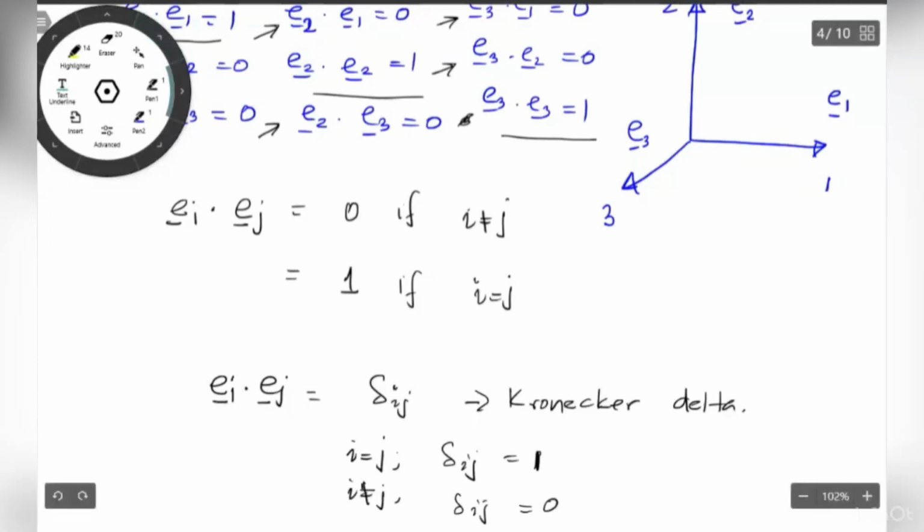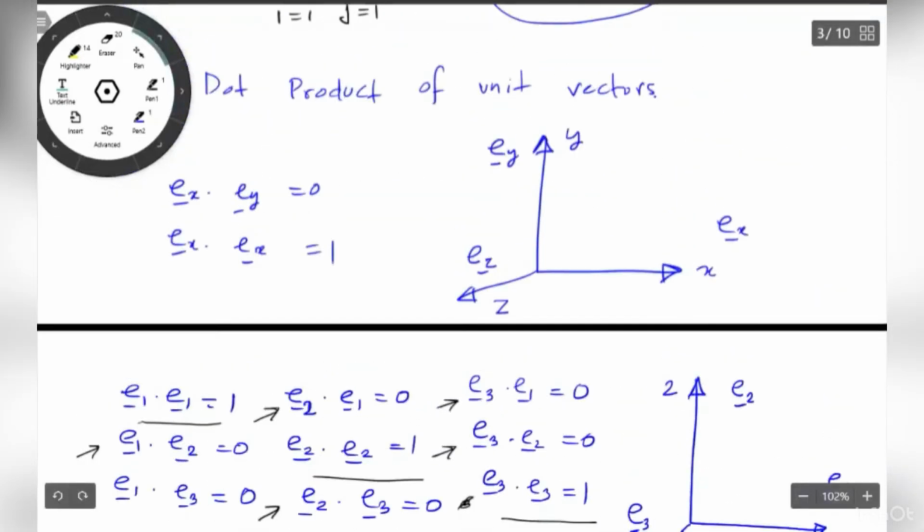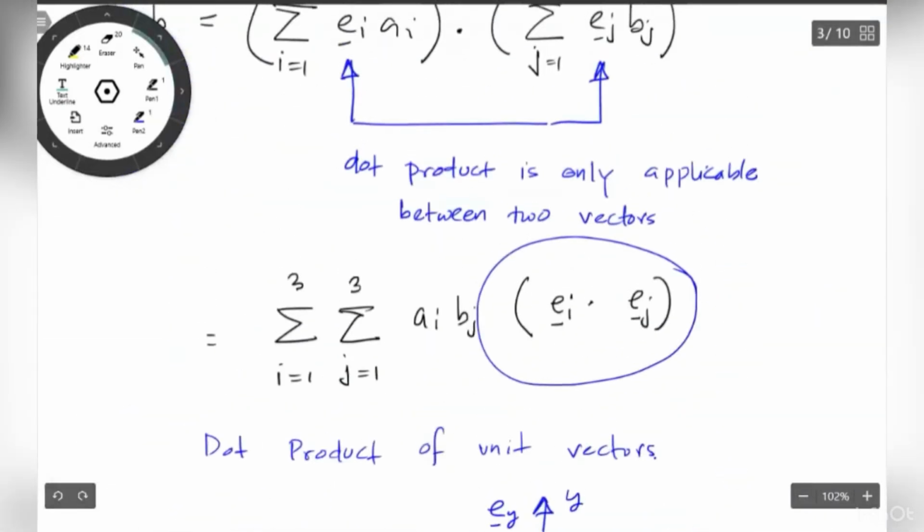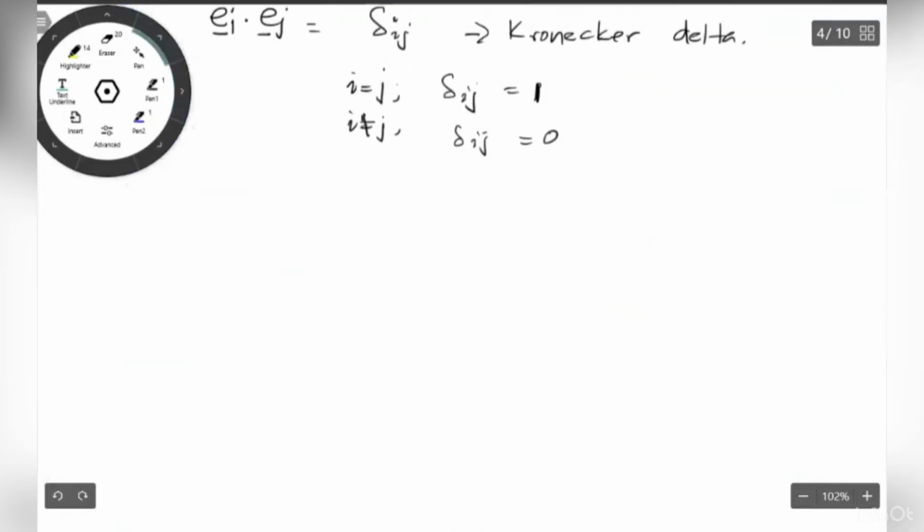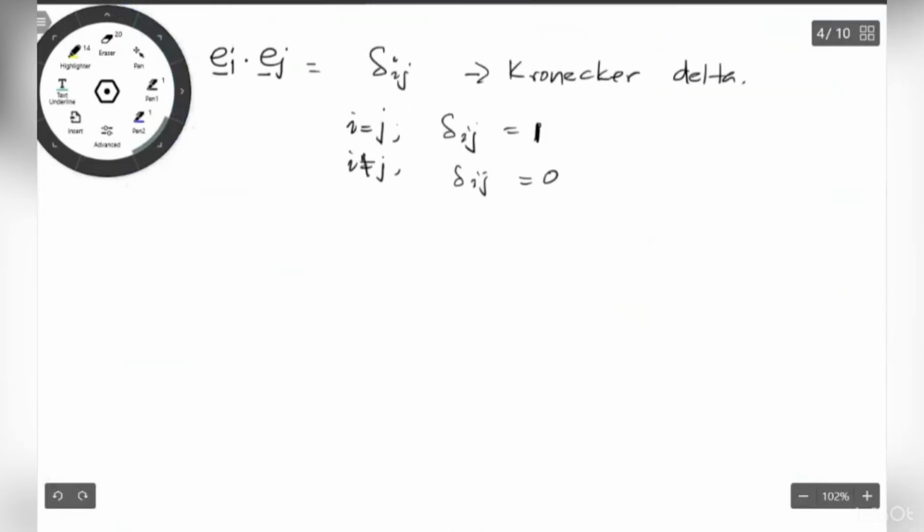Right? Okay. So now using this, we can see what a dot b will become. a dot b equals the summation of i equals 1 to 3, j equals 1 to 3, ai bj delta ij.